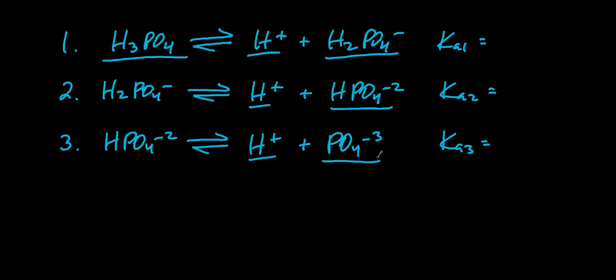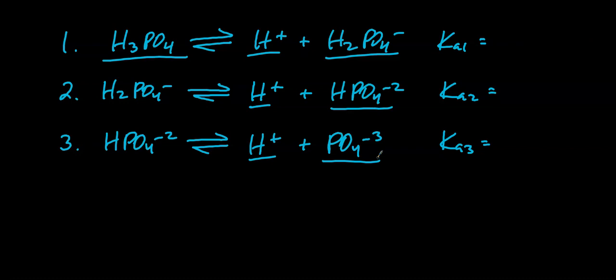So take a look at the setup. We have 2.4 times 10 to the negative second plus Y, that's for the H plus, times Y, that's for the HPO4 2 minus, over 2.4 times 10 to the negative second minus Y. Look at the Ka2, 6.2 times 10 to the negative 8th. We're going to assume that the plus Y and the minus Y don't change the value; we're going to assume those Y's are small.